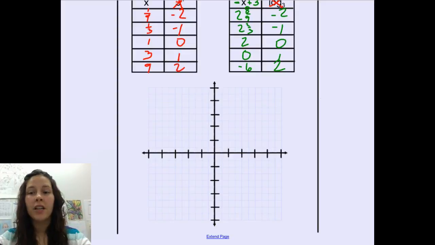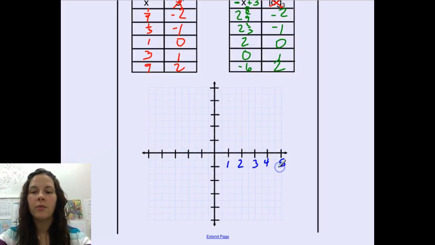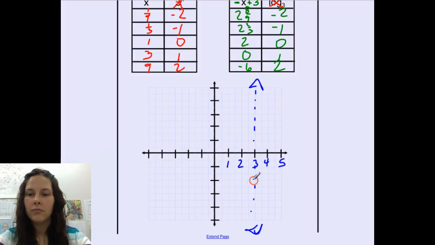We're going to start with our vertical asymptote. I'm just going to leave that last point off the graph so that I can scale each of these by 1 again. That'll still be enough points that we can see what's going on with our transformation. So vertical asymptote at x equals 3. And then we'll plot the points in our t-chart. So we have 2 and 8/9 are just shy of 3, and we'll go down 2.